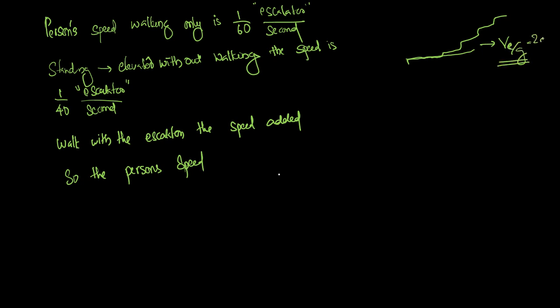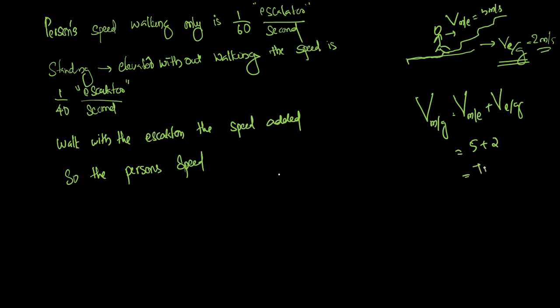And if a person is walking here, and the velocity of the man with respect to the escalator is, let's say, 5 meter per second, then what is the velocity of this man with respect to ground? That is the velocity of man with respect to the escalator plus velocity of escalator with respect to ground, which is 5 plus 2 is equal to 7 meter per second. So this is the concept behind it, for those who do not understand it.